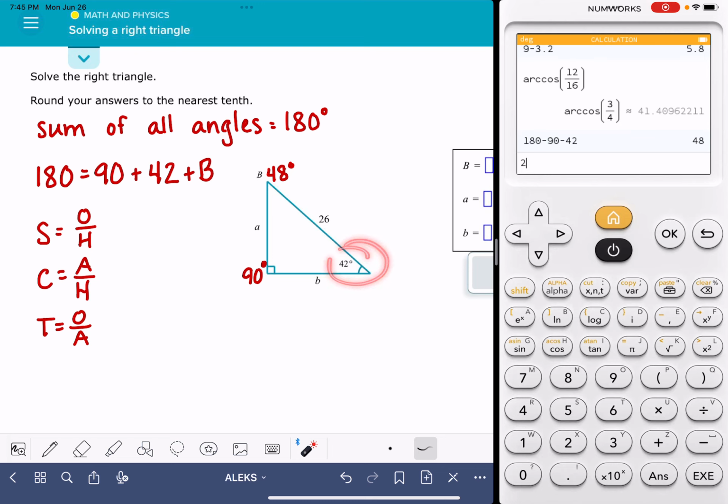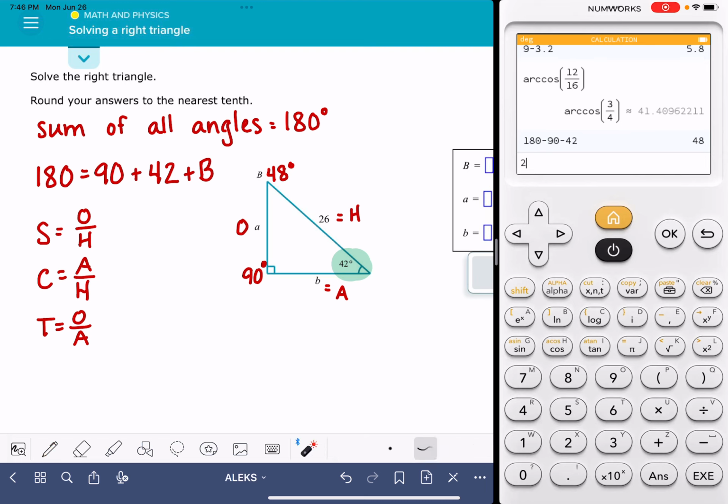If we're going to be focusing on this angle right here, I'm going to go ahead and highlight it. For this particular angle, the opposite side of that angle is side A. That is the opposite. The other two sides, one of them is the adjacent and one of them is the hypotenuse. The longer side is the hypotenuse. The shorter side is the one that we call the adjacent side.